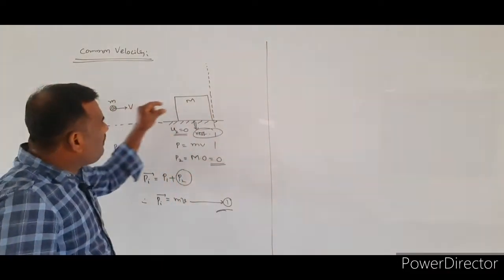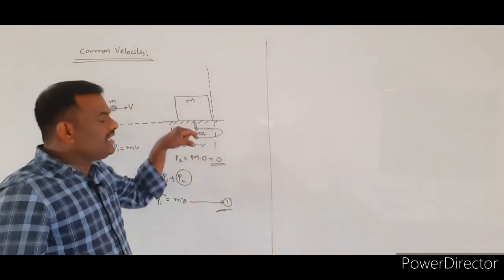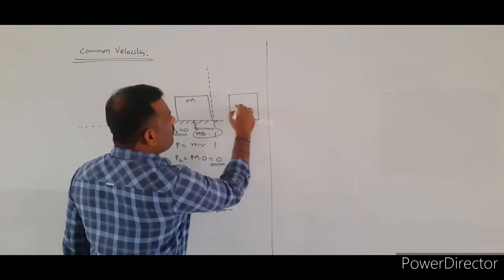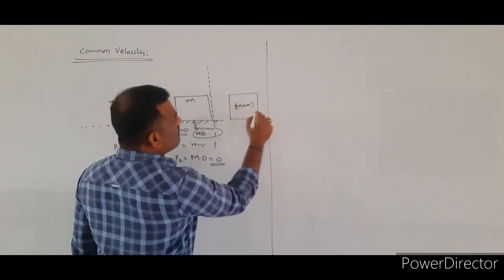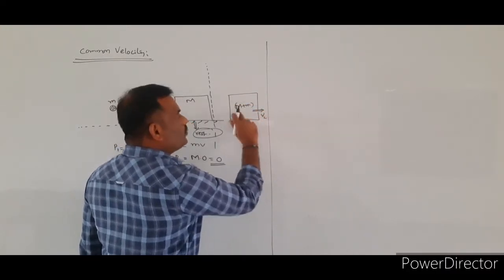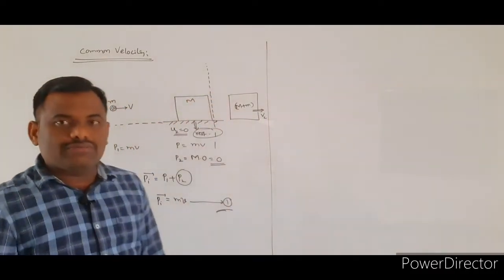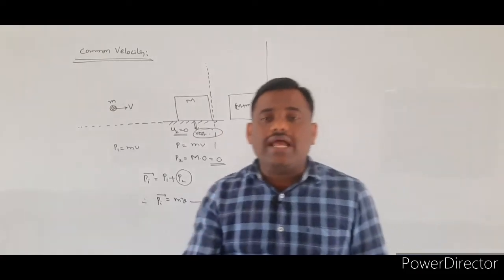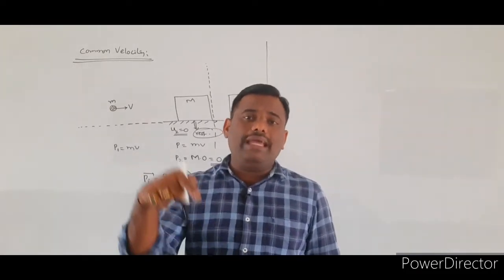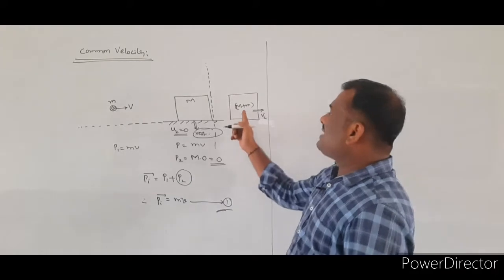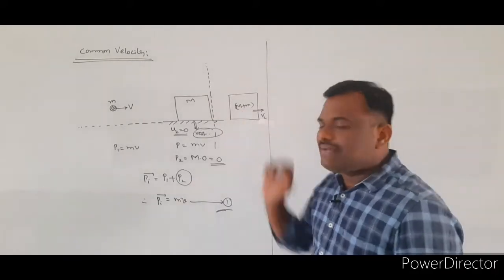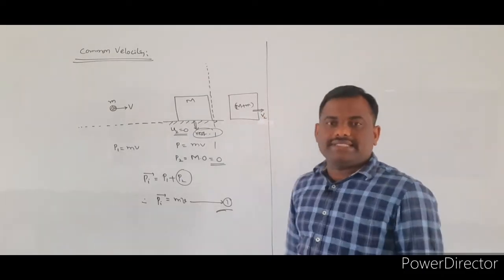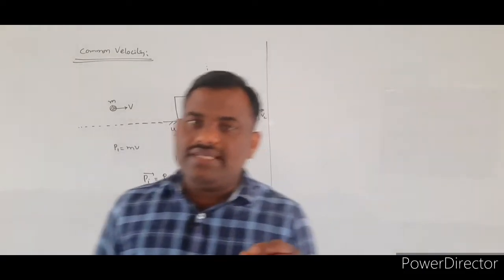Once the bullet is embedded into it, and the bullet and target are moving with a common velocity, its mass becomes what? Its mass becomes M plus m. Why? The target is there, and in addition to the target, inside the target the bullet is embedded, so the total mass of the system becomes M plus m, and they will be moving with a common velocity, represented by V suffix c.